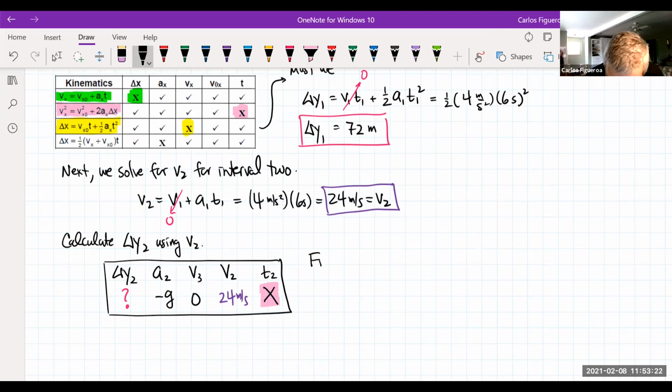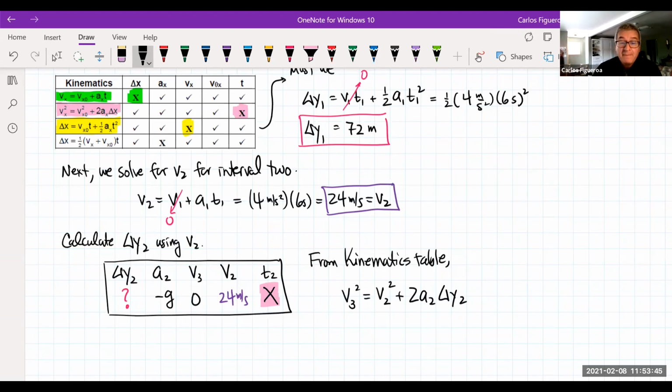So from the kinematics table, there's only one equation, which then says, I'm going to change it to my notation. It's going to be v3 squared equals v2 squared plus 2 a2 delta y2. So now I got to go in and compute that. So what do I know? I know that v3 is, of course, 0.